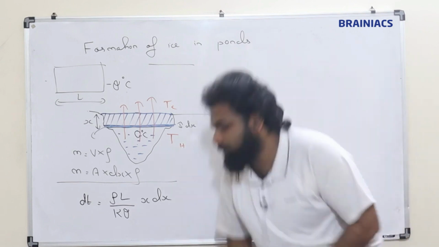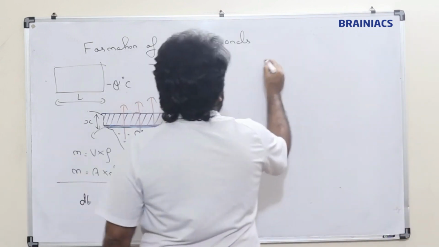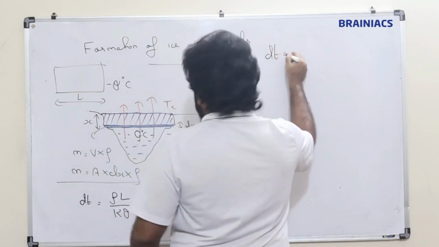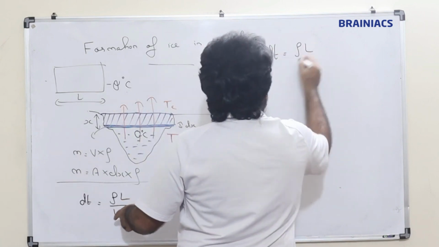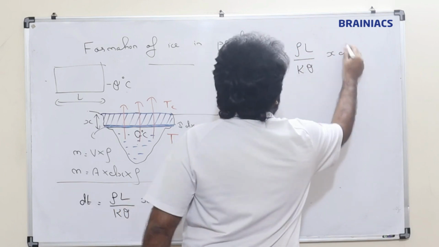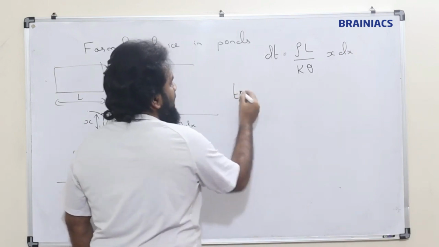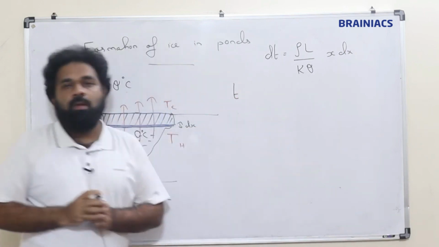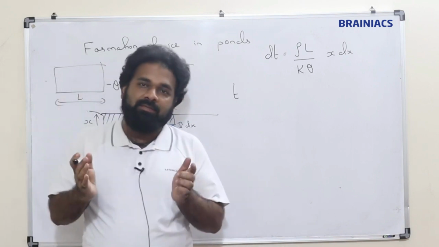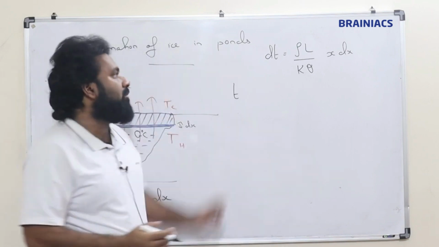Now dt is equal to rho L divided by k theta into x dx. Now if I need to find the time to make a thickness from 0 to x, or x1 to x2, everything we will see.